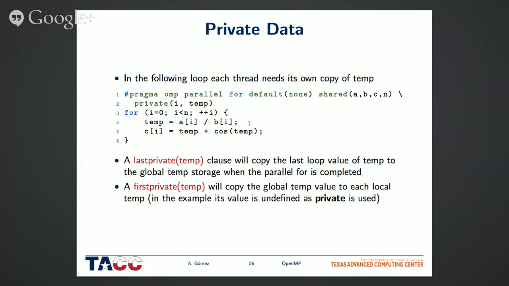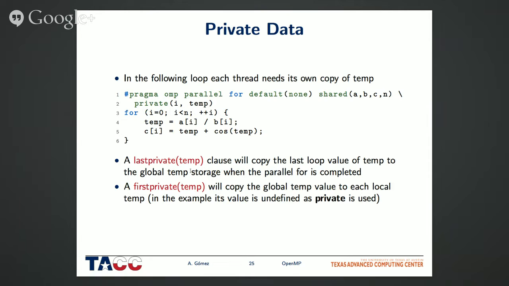The value inside of the loop, once it's private, is undefined. We can say, hey, this had a value before, I want you to keep it. So what you do for that is define that variable as firstprivate. Whatever you had before the parallel region, you keep the value. So each thread will create its own copy of temp with that previous value.